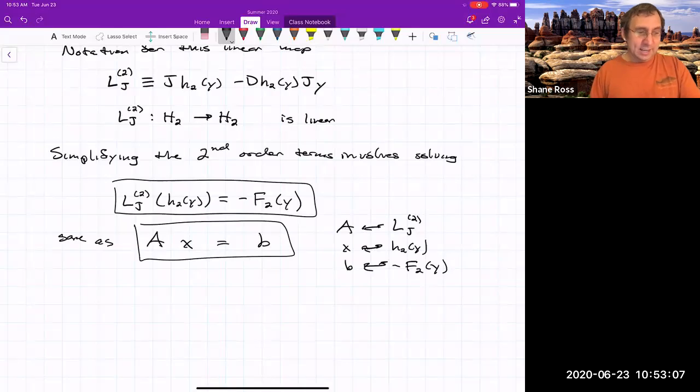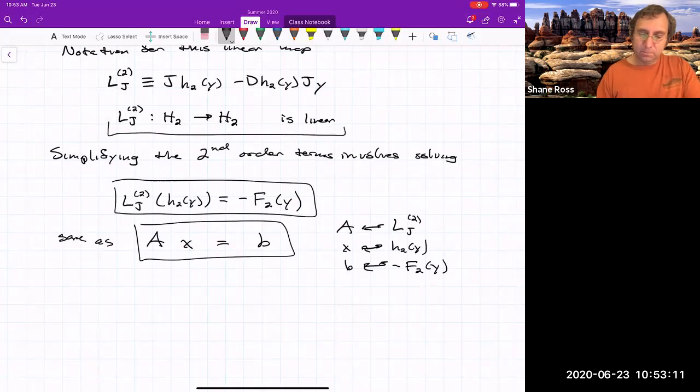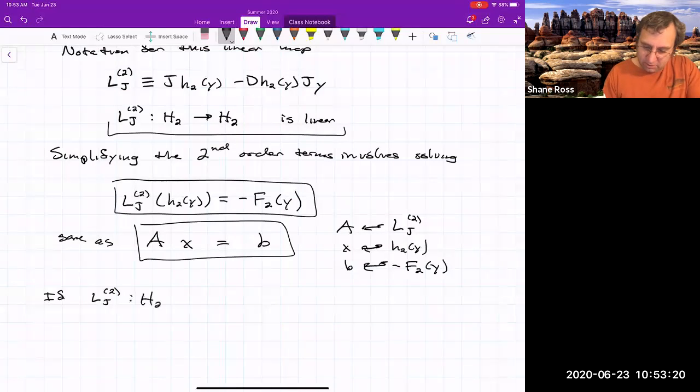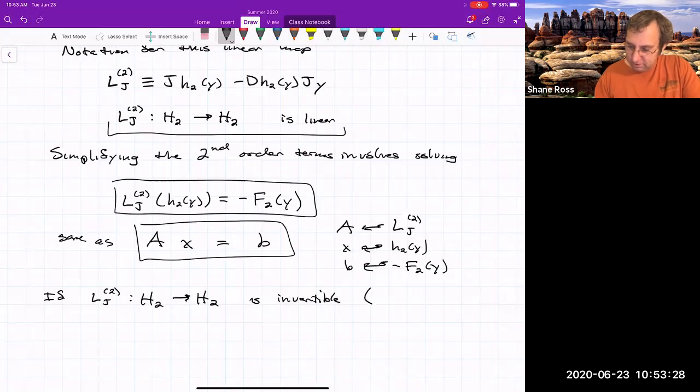It's really easy if this linear map is invertible, this one up here. So if L_J₂ from H₂ to H₂ is invertible, this would be equivalent to asking whether A inverse exists. It doesn't have to, and you could still solve this problem somewhat.